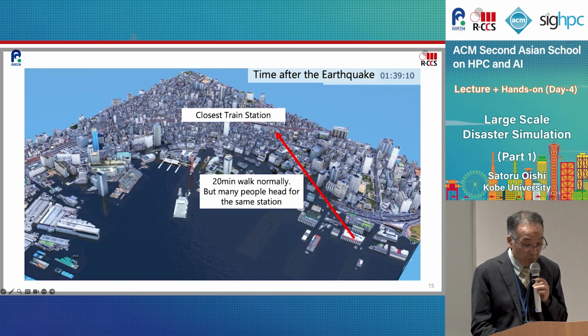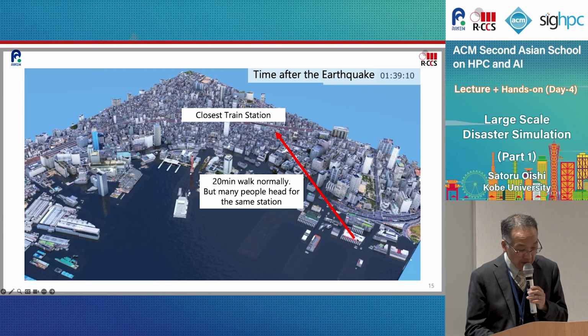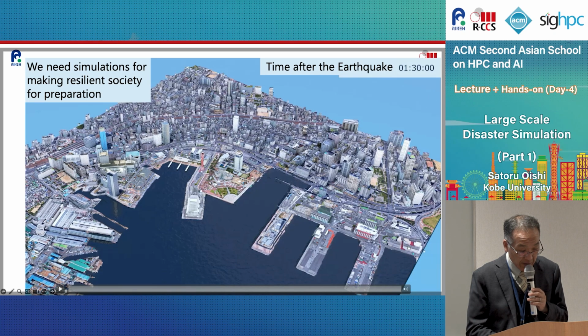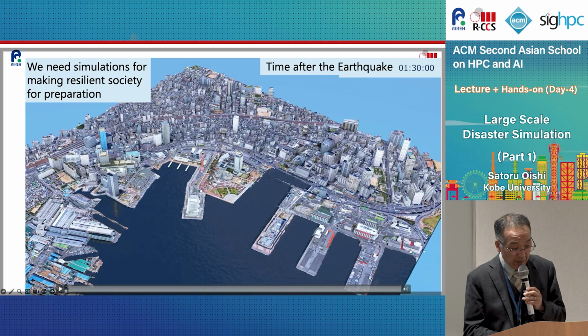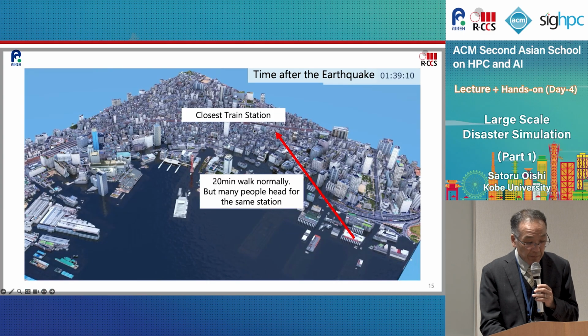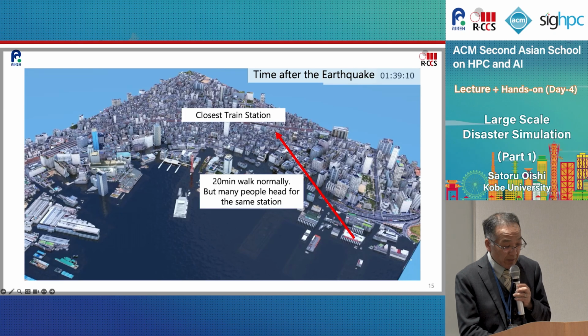So please assume that you are here for working. Here means this one. So this is close to the tariff office of Kobe. So if you are working as an officer of the tariff office of Kobe and located here, most of the time you may use a JR station for your commute, a 20 minute walk normally.